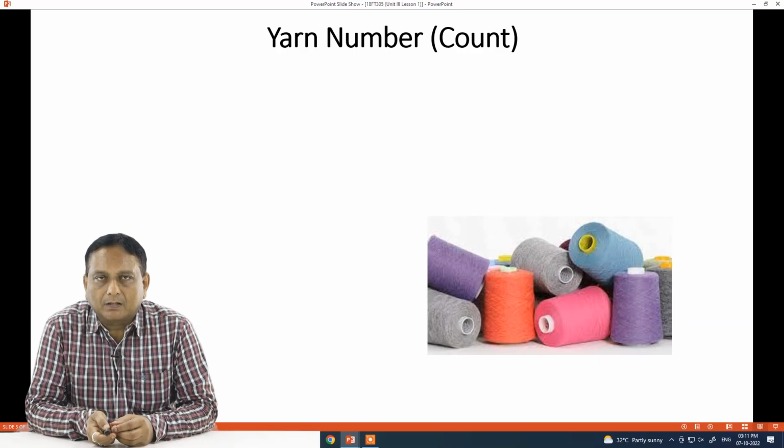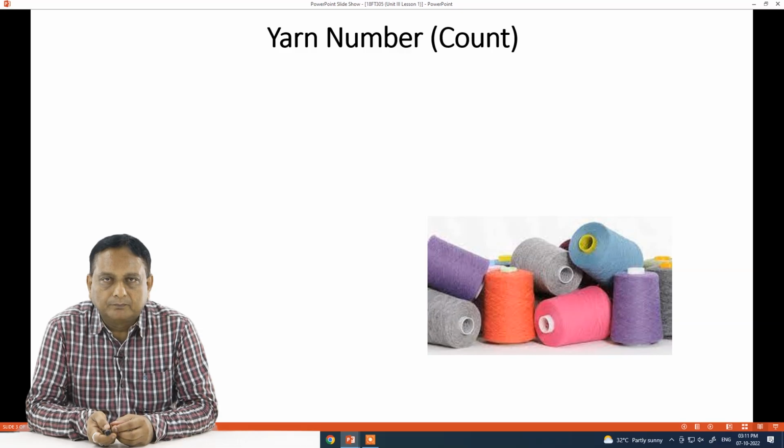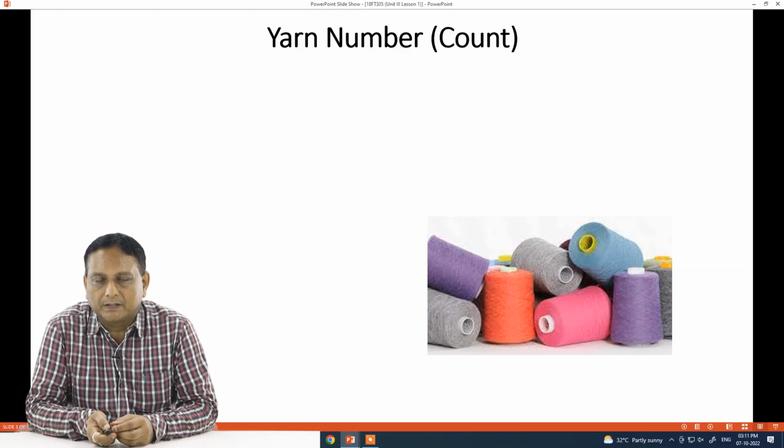Now yarn number or count: you can see the different kinds of packages and different colored threads. But we must know about the thickness of these, whether it is a coarser yarn or a finer yarn. Those things are very important to us.